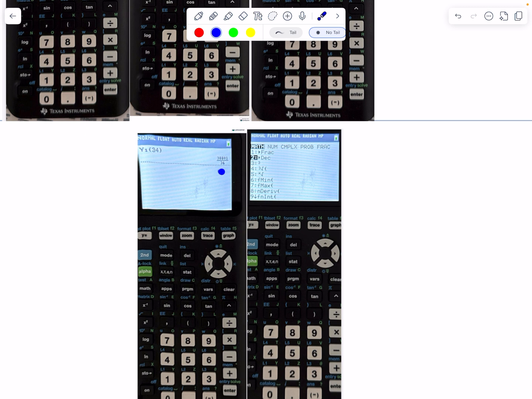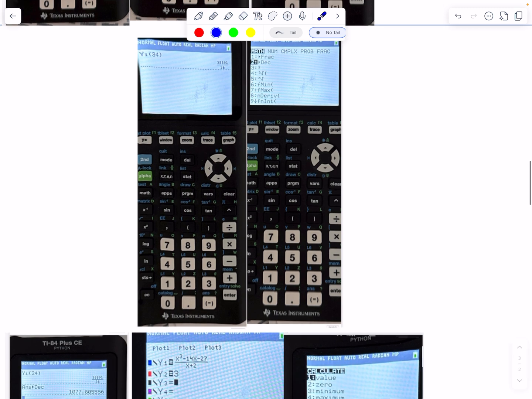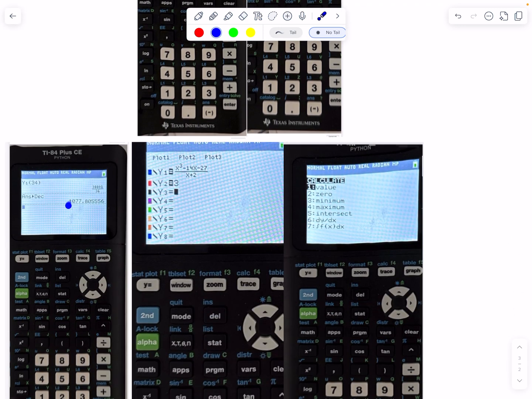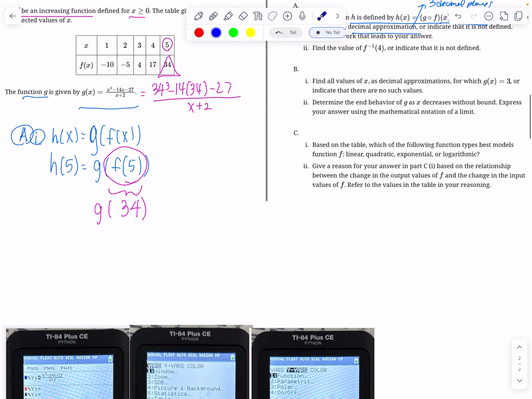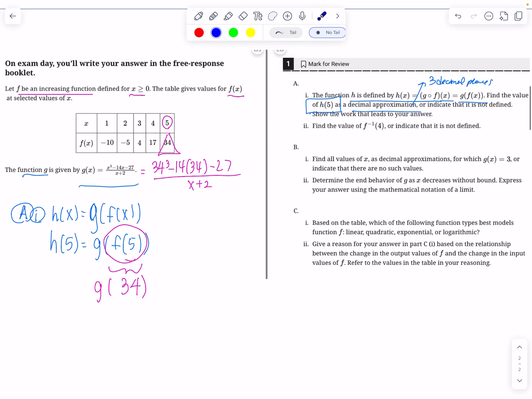And so we get this fraction. Now remember, we want it in decimal format, so then you press math. And then you get the screen, and you're going to click on number 2 and enter for the decimal. And then this is what it is in decimal format. So let me go ahead and answer the question. So once again, we plugged it into the calculator. And so we got 1077.8055.